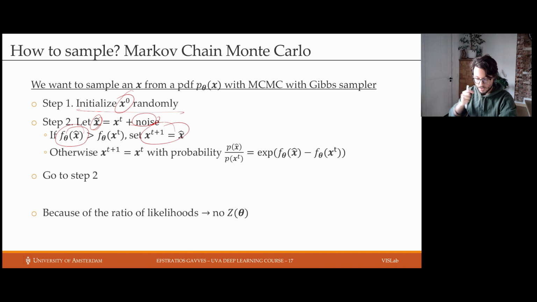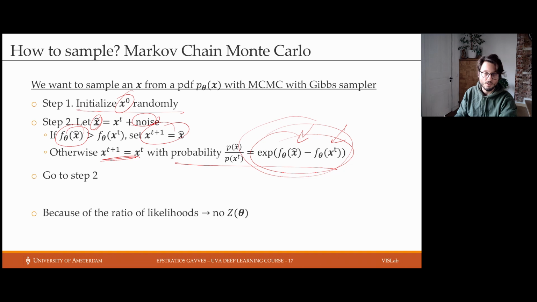However, it might be the case that by adding the noise, we arrive at a worse sample in terms of probability, and in that case, we don't immediately reject it. We can still keep it, but only with a probability equal to the exponential of the difference of the two scores. This is going to be a quantity smaller than 1.